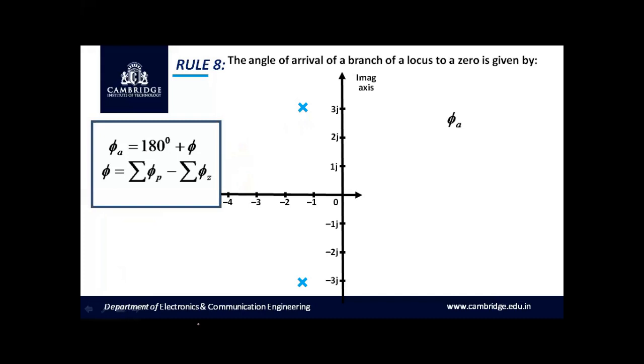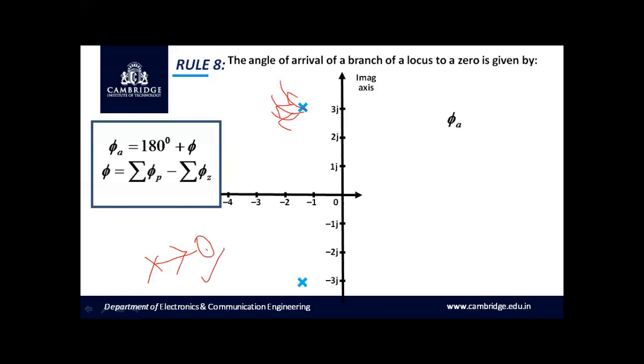With respect to rule number 2, all the branches will be leaving from open loop poles and terminating at open loop zeros. So it is important to know the angle of departure of the complex pole. That's the reason why we call it the angle of departure when it is subjected to a complex pole.